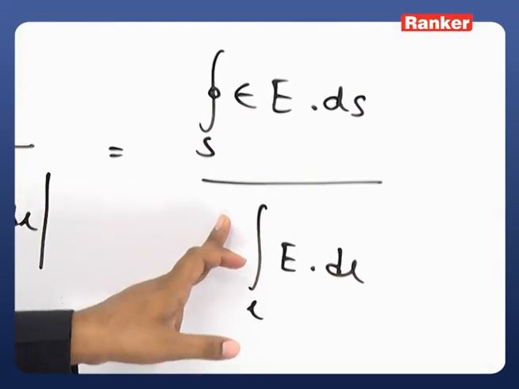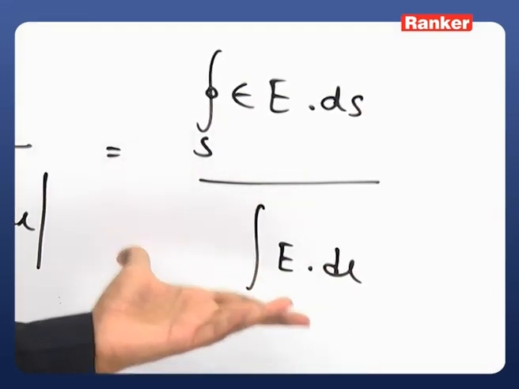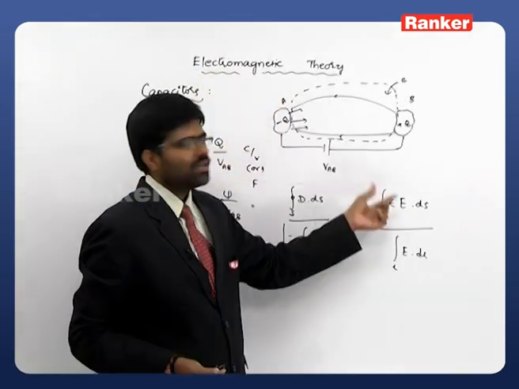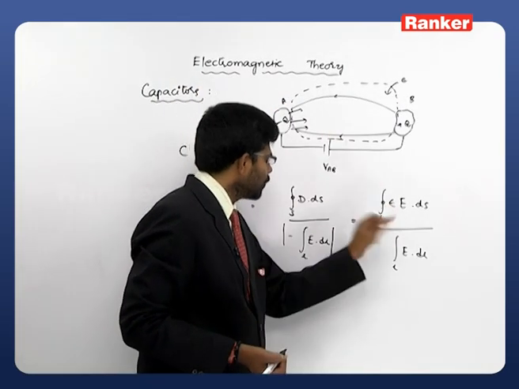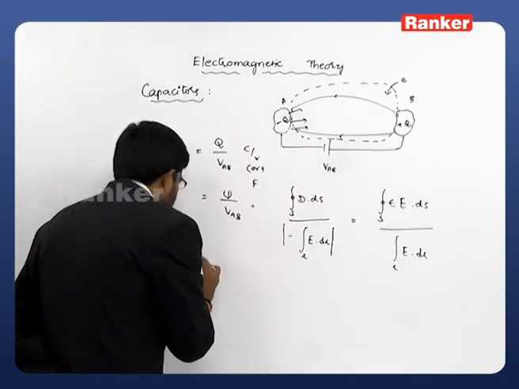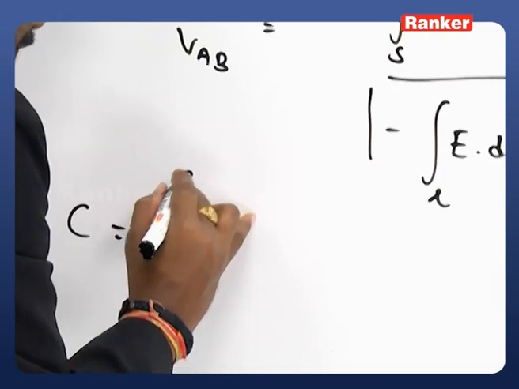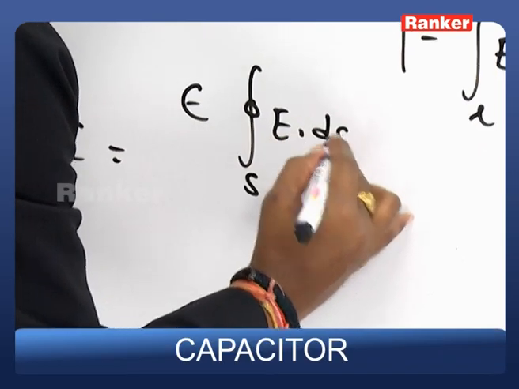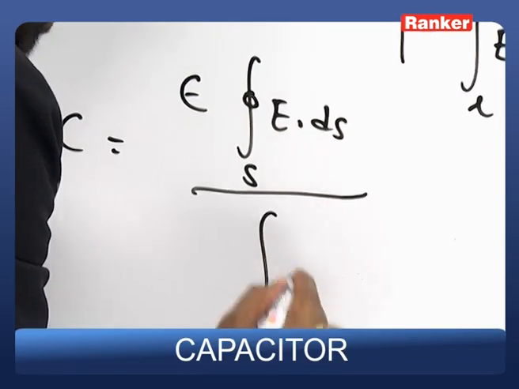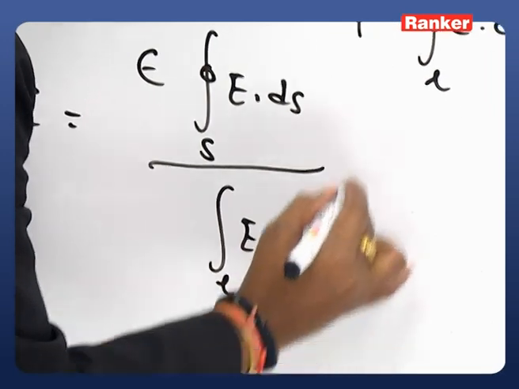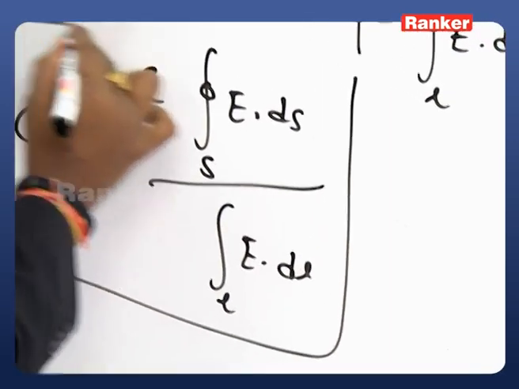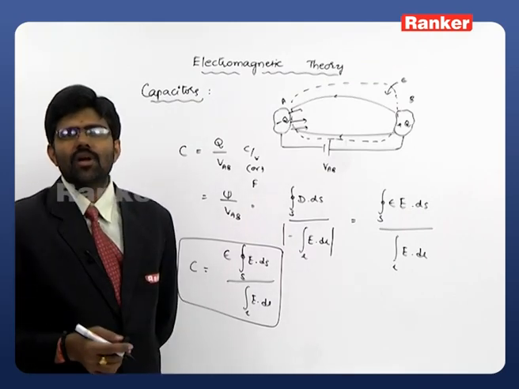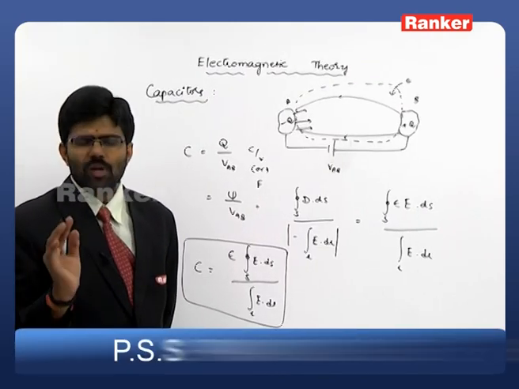If it were a closed integral, this term would obviously be 0. So this equation can be written as C equals epsilon times the closed surface integral of E dot ds divided by the line integral of E dot dl. This is the equation we use to obtain the capacitance of any type of capacitor.